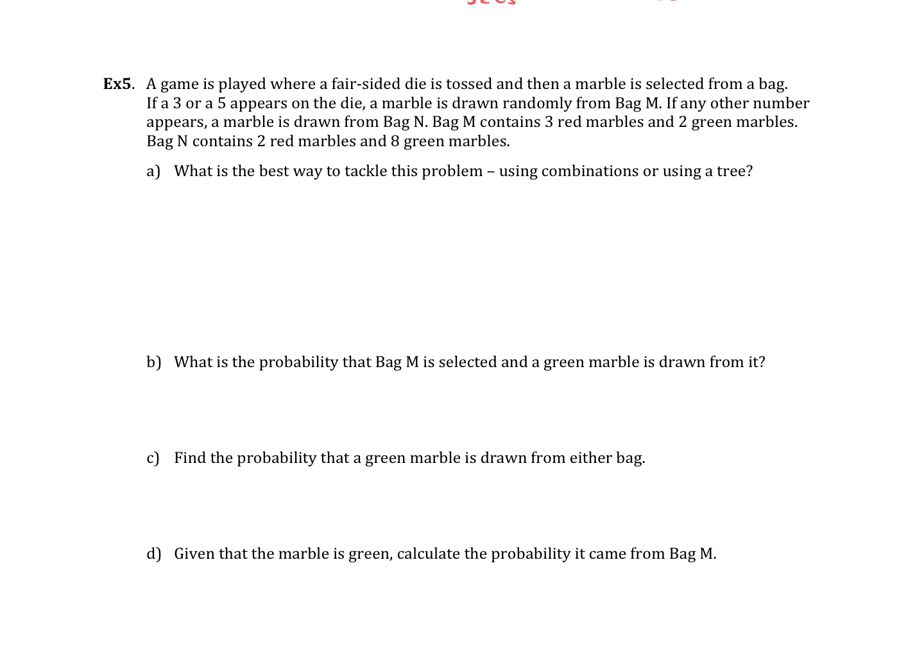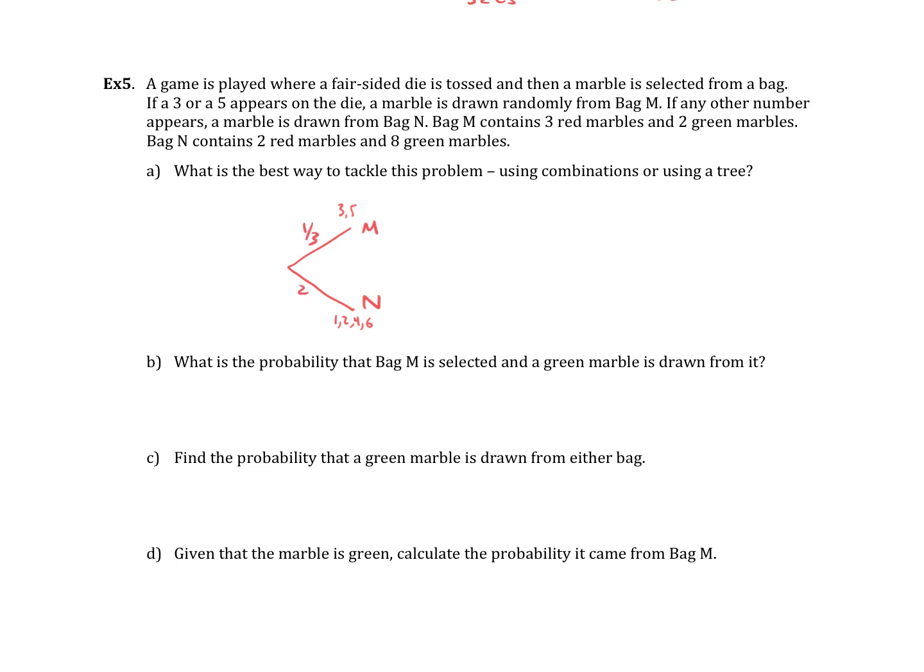The tree is going to be something like this. We're going to have the die first, and the die can be 3 or 5, which takes us to bag M, or it could be something else, 1, 2, 4, 6, and that takes us to bag N. So this is a 2 out of 6, I was thinking 2 things at once.